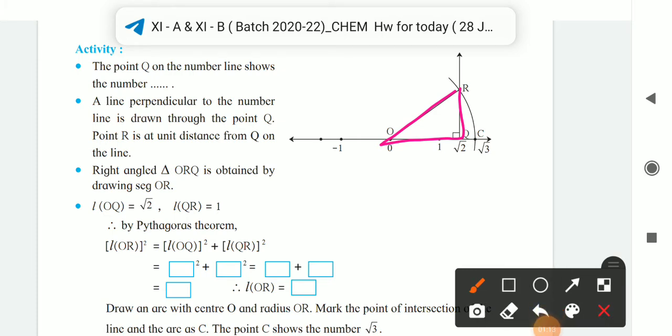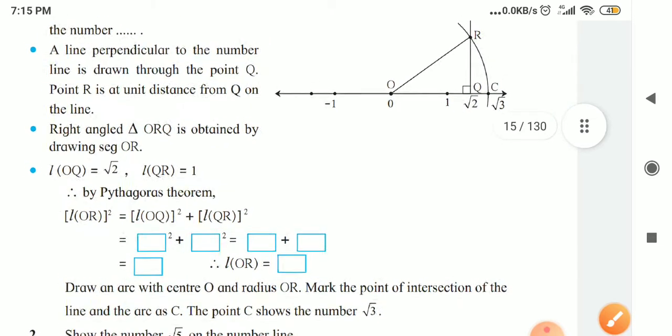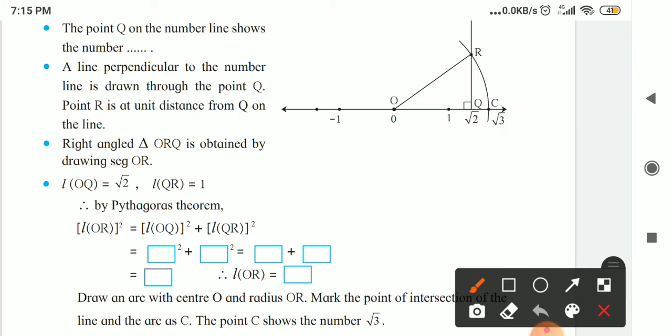As you know, when a right angle triangle comes, to find the value of our side we use the Pythagoras theorem. So here it is written that in right angle triangle ORQ, obtained by drawing OR, the length of OQ is equal to how much?